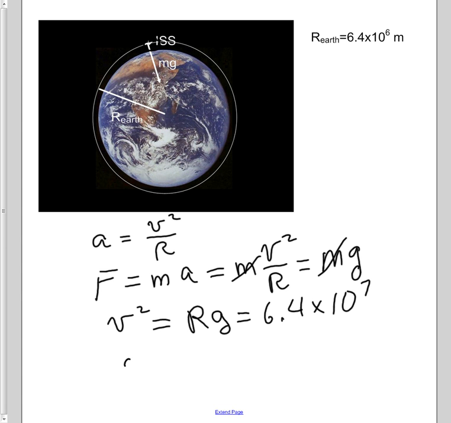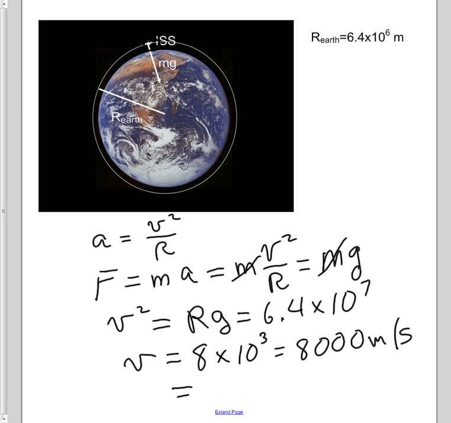And so the velocity that you have to give to your satellite, if it's close to the Earth, is the square root of this number, which I can actually do in my head, because this is 64 times 10 to the 6th, and so it would be 8 times 10 to the 3rd. That's 8,000 meters per second.